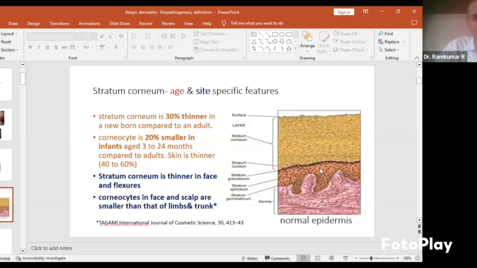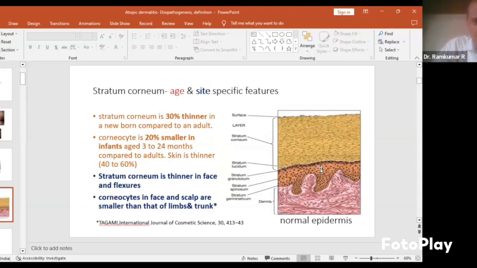The clue is the stratum corneum. Unless we study the stratum corneum, we will not be able to understand atopic dermatitis. The stratum corneum is thinner, about 30% thinner in a newborn, and the corneocytes are at least 1/5, 20% smaller.